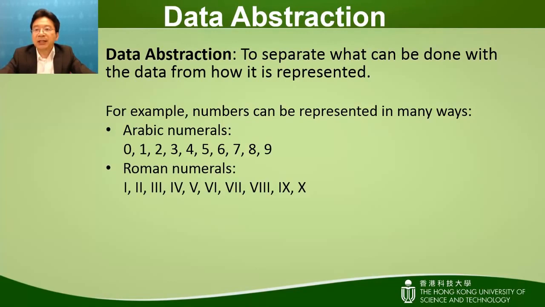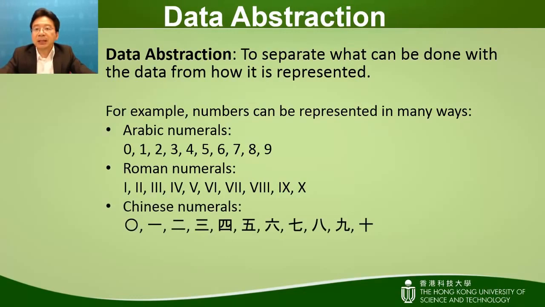Notice that only 3 symbols, a vertical bar, a V, and a cross are used for representing the numbers from 1 to 10, and there's no special Roman numeral for 0. There are also Chinese numerals and many others. And in computers, numbers are represented as zeros and ones.